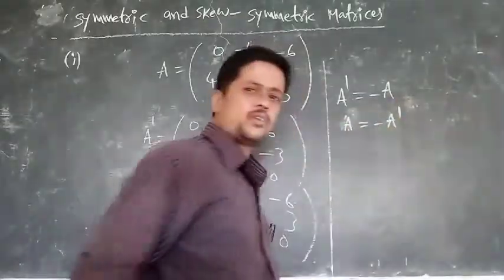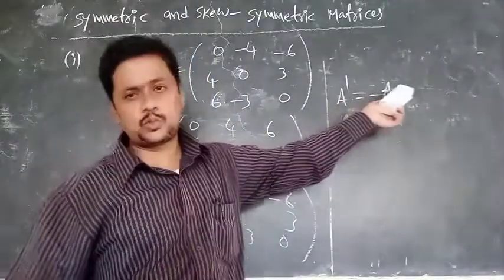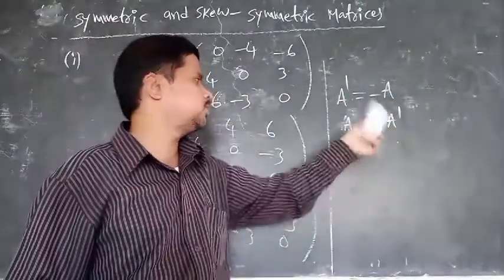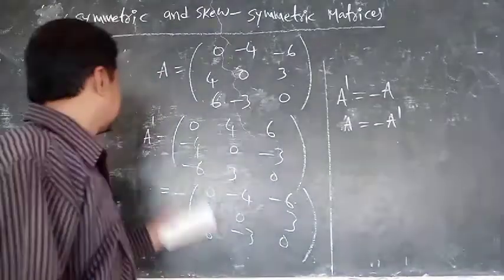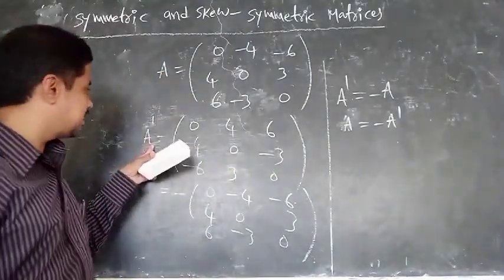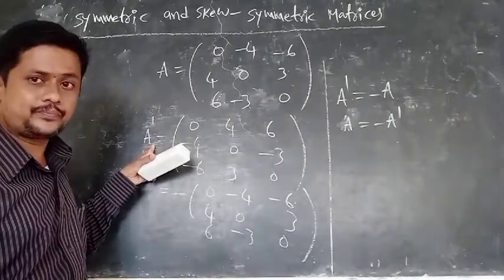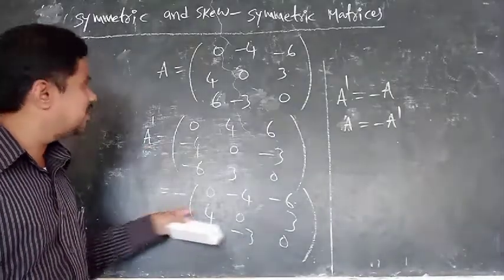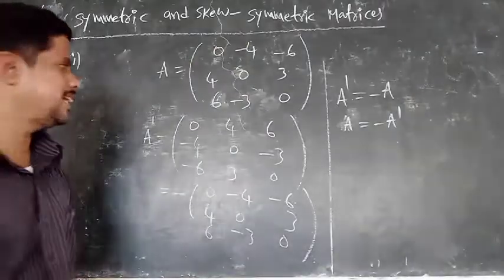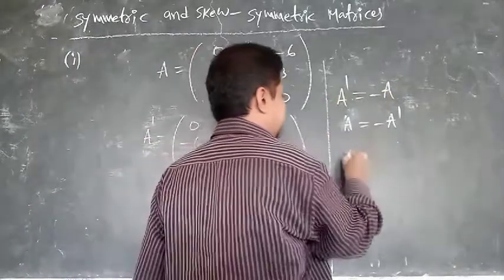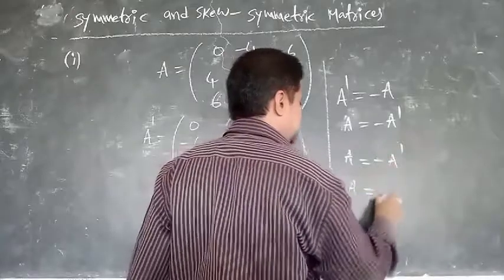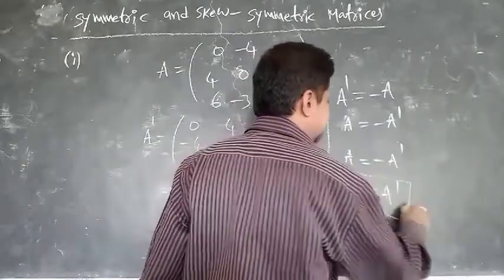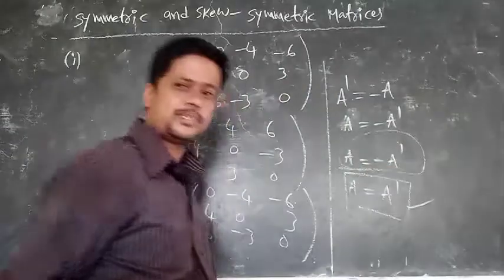You can take either one. After finding A dash and taking minus common, we get the same matrix. This is the condition. A equals A dash means the matrix is symmetric. A equals minus A dash means it is skew symmetric, with a minus sign.